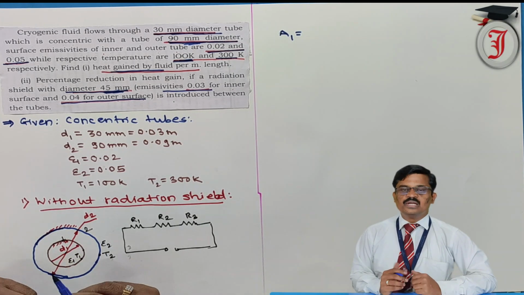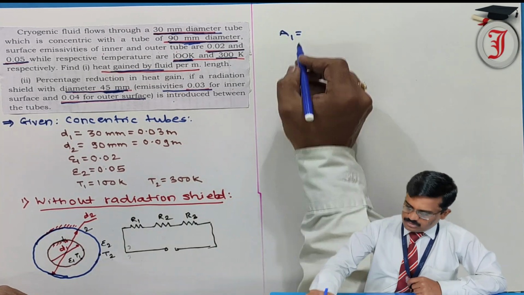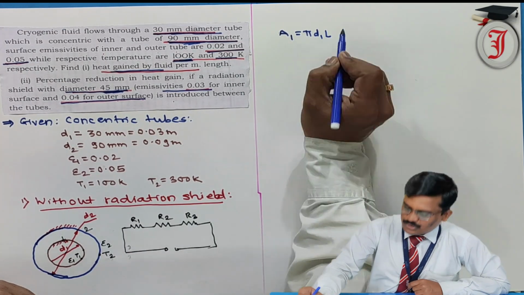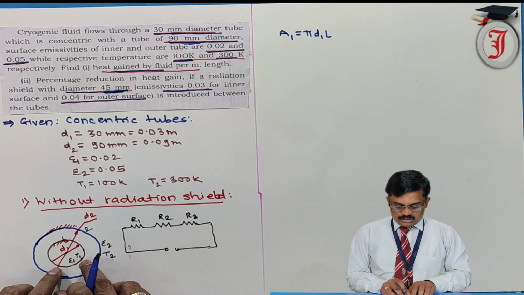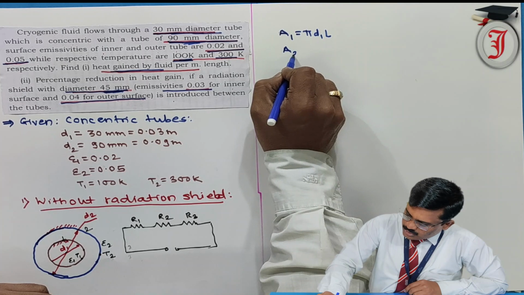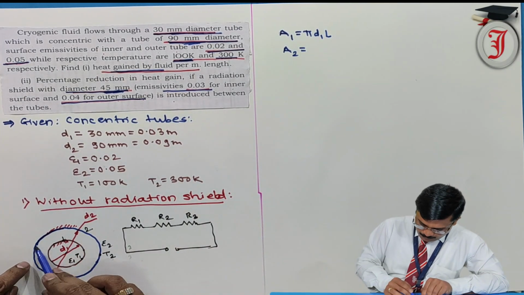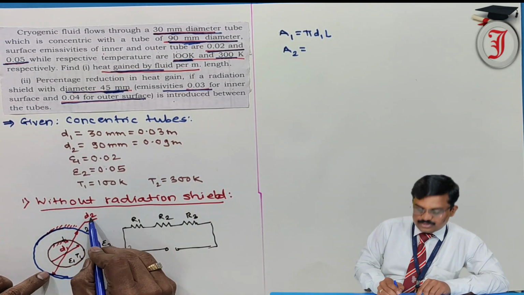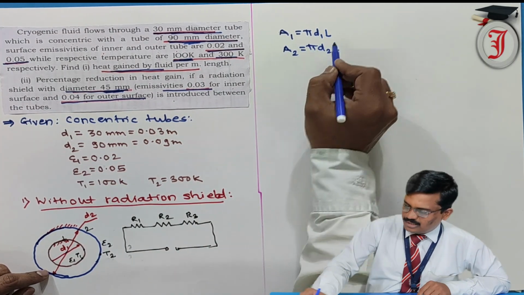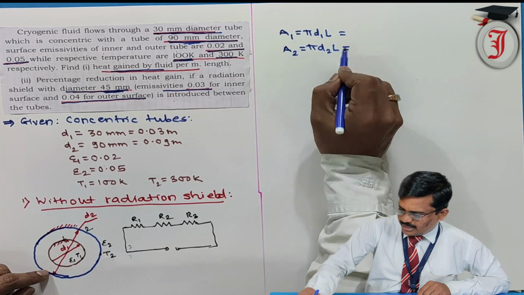As it is a tube, the perimeter is pi d1 into L. This is the surface area of the inner tube. Then A2 is the outer surface, whose diameter is d2, so it is pi d2 L. Let us calculate these two areas.